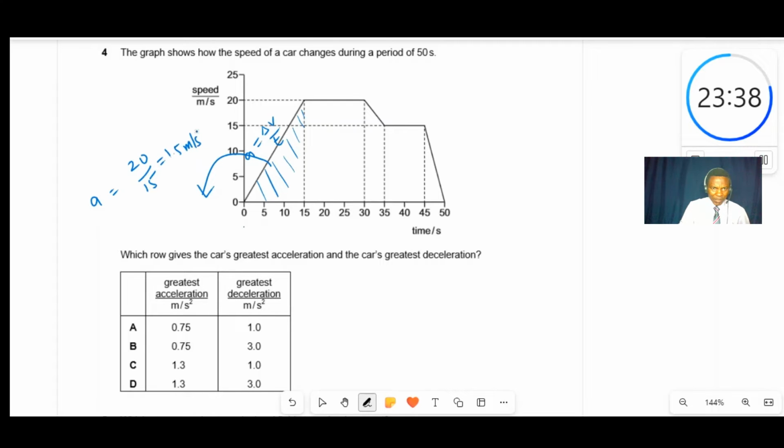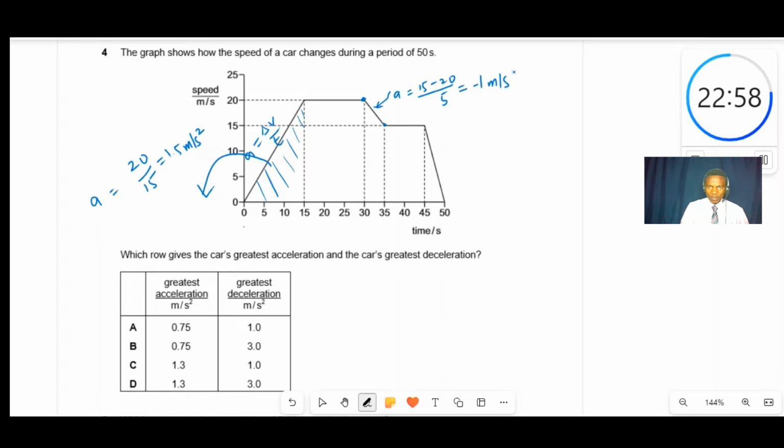Then here is deceleration, a decrease in velocity as time increases. From 30 seconds to 35 seconds, as the time was increasing, the speed decreased from 20 to 15. So the deceleration is 15 take away 20 over 5, which is negative 1 meter per second square.